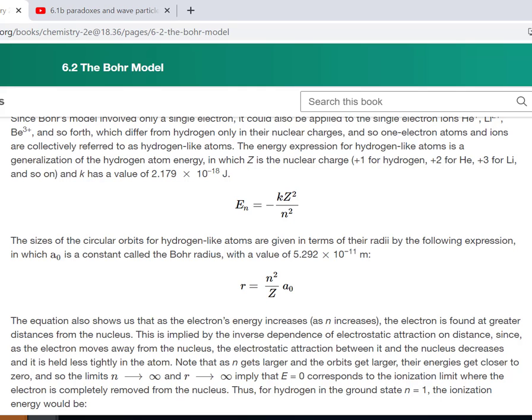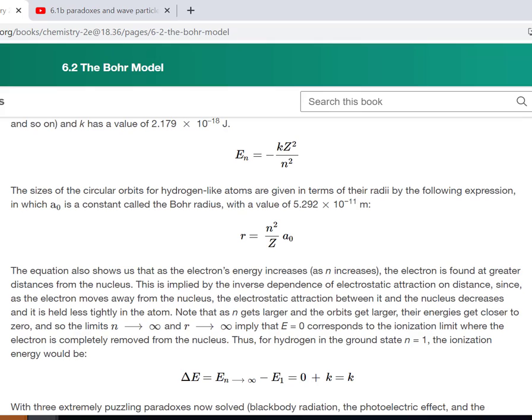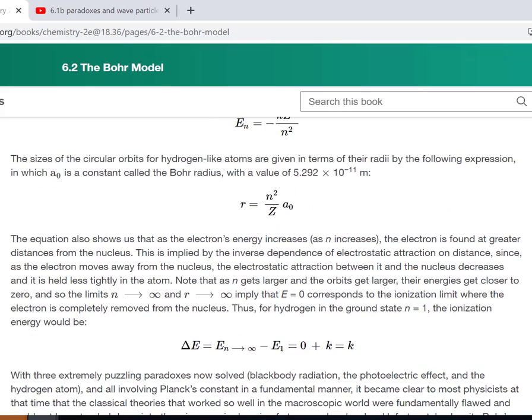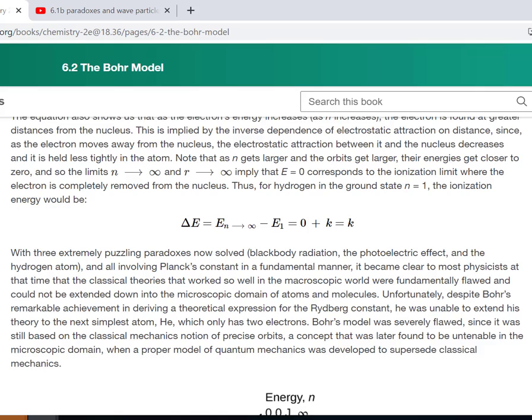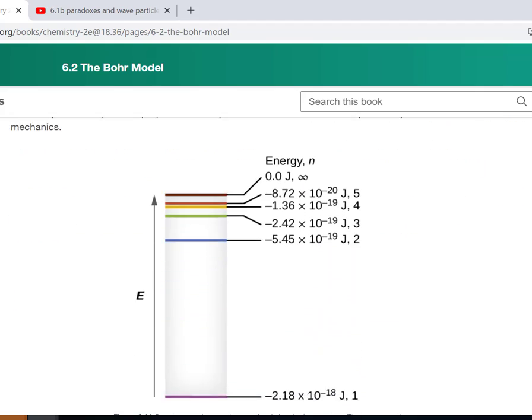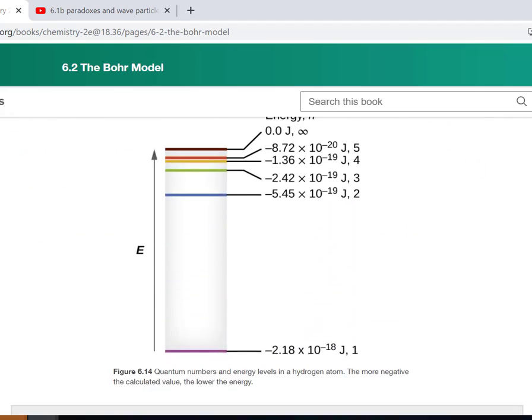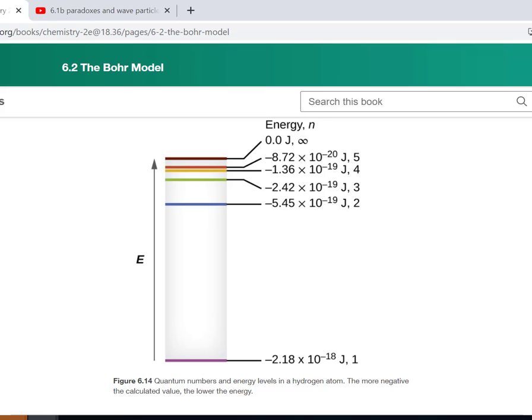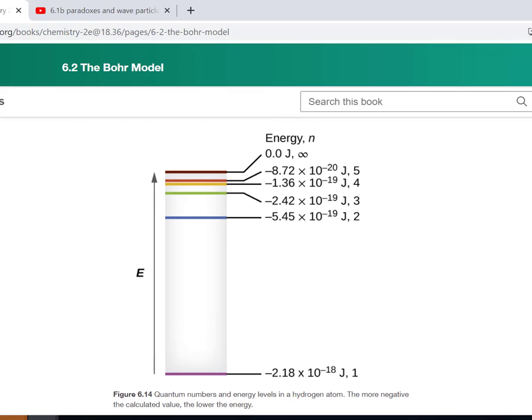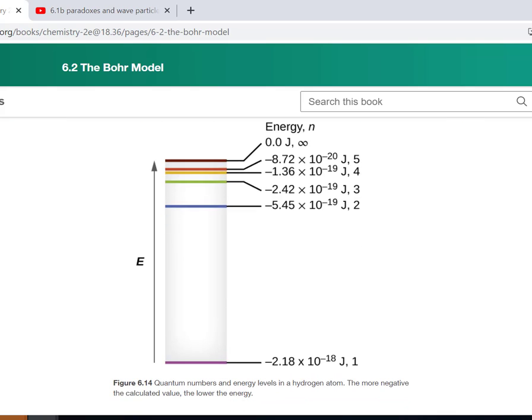Some additional mathematics here. Again, we're not going to get too much into the math. But I want to show you this model of the Bohr atom, which is a better model than you'll see in most textbooks. What we're looking at here are the energy levels 1, 2, 3, 4, 5, specifically for hydrogen.